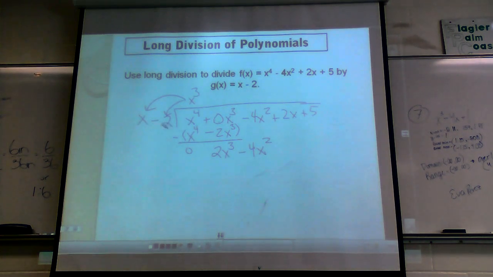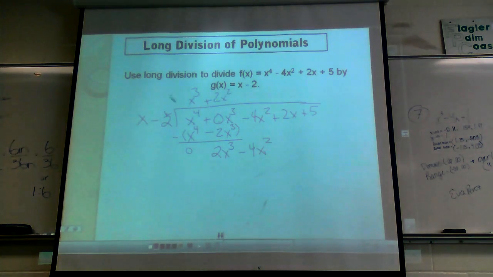There's only 2 terms here, right? However many terms you have out here is how many you're going to drop down and look at each time. If I did have something with 3 terms, then I would drop down 1 more term. And then you just repeat the process. Now I'm looking at 2x cubed, and I ask, what would I multiply x by to get 2x cubed? 2x squared.